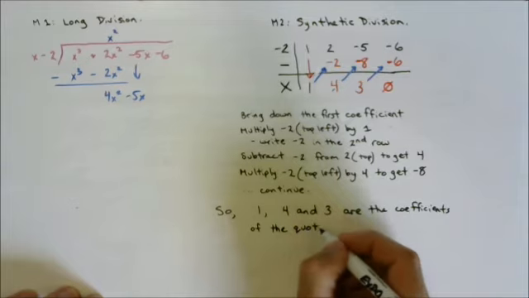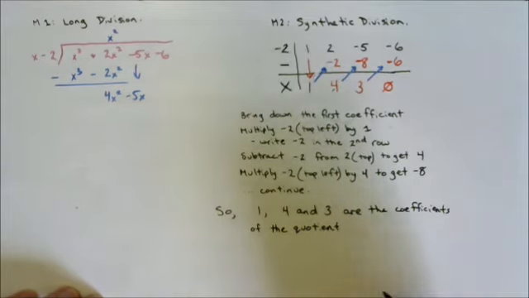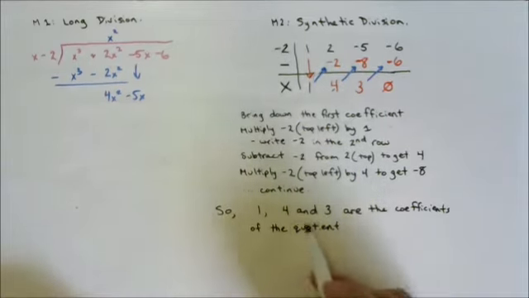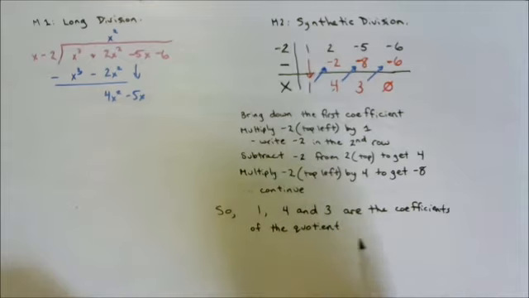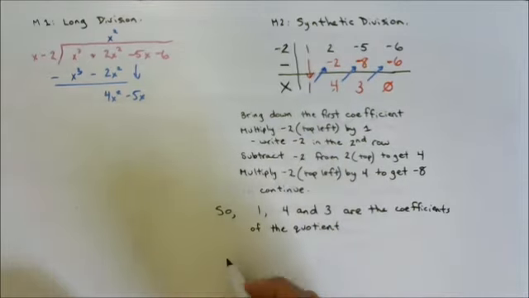The quotient being the answer to a division problem. So 1, 4, and 3 are the coefficients of the quotient. And we know that the multiples of x are going to be x squared, x, and x to the power of 0, which would be your constant.